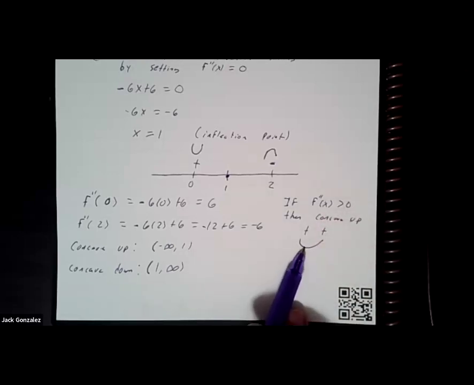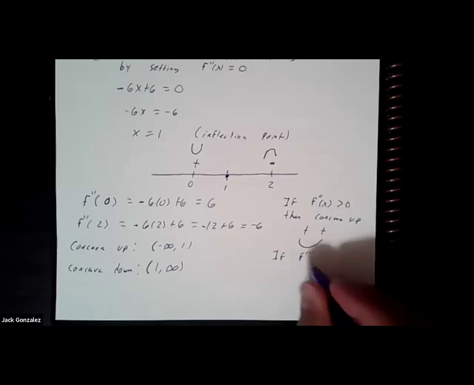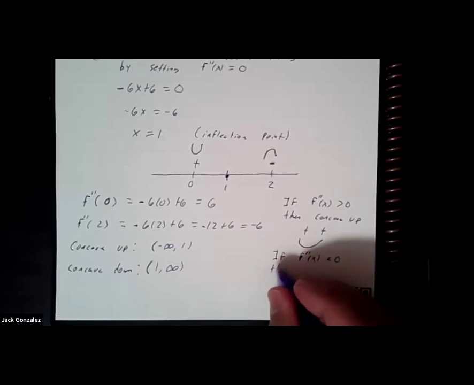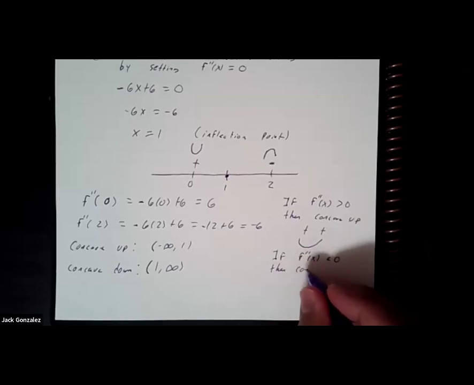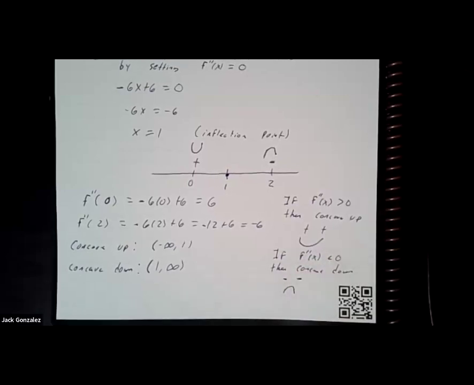If f double prime is less than 0, then it's concave down, a sad face. Hopefully that helps you remember. Maybe not, I don't know.